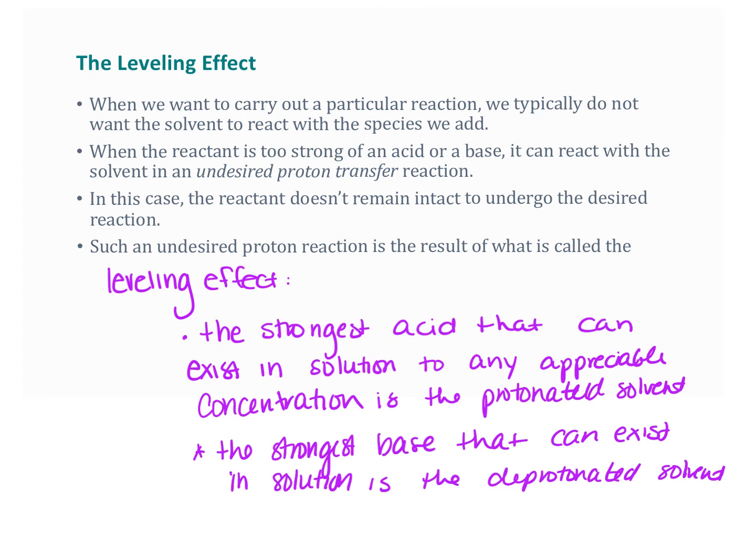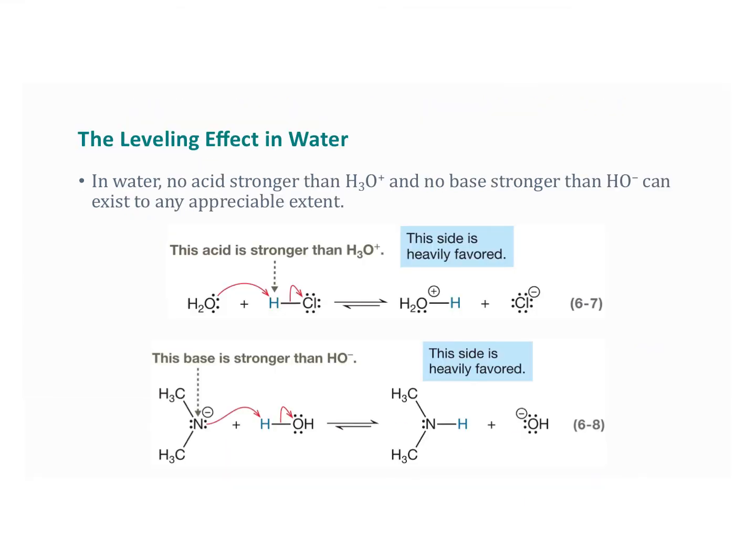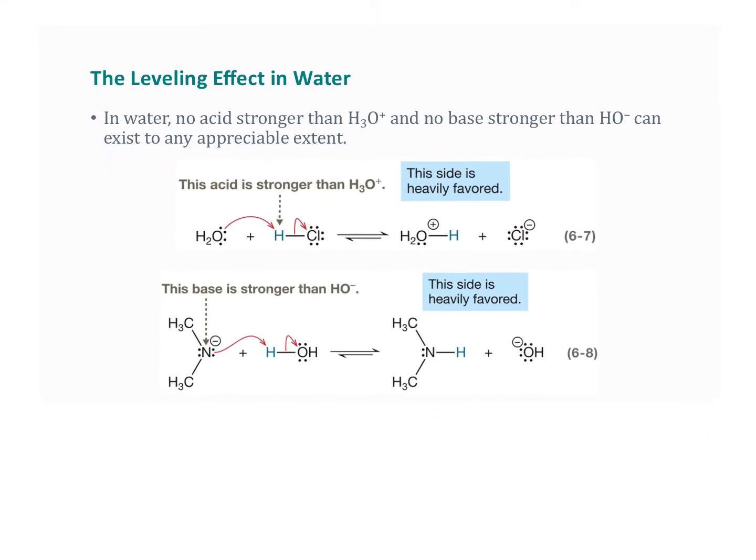And I want to show you an example because this is really hard to grasp without an example. So I want us to look at the leveling effect in water. In water, H3O plus, the protonated water, is the strongest acid that can exist, and OH minus, which is deprotonated water, is the strongest base that can exist.